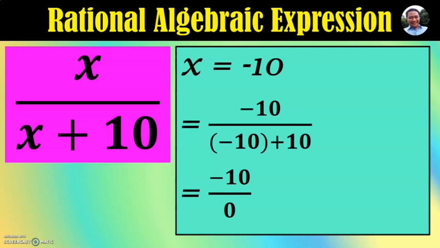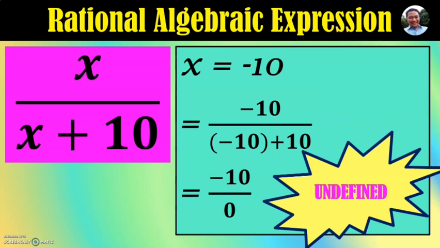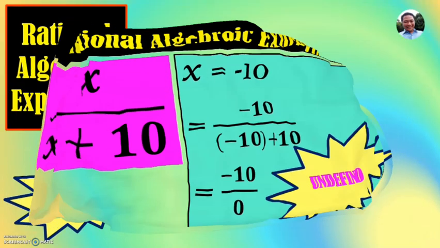Negative 10 over 0. Very good. It's undefined. Why undefined? We cannot find any number that would answer negative 10 over 0 because you cannot divide a number by 0. So therefore, it is undefined.